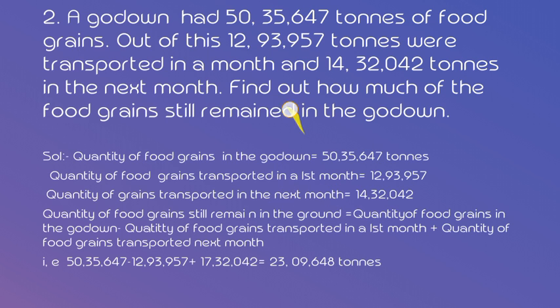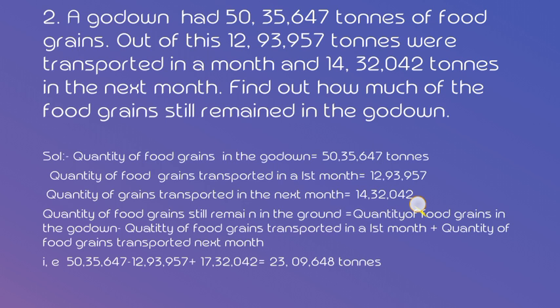How much food grains is transported? Out of this total food grains, which are in the godown, out of these, 12,93,957 tons were transported. So transported in the first month is 12,93,957 tons. You can add tons also there.